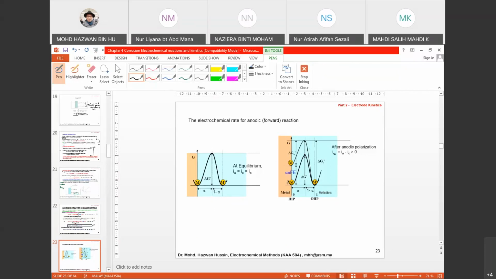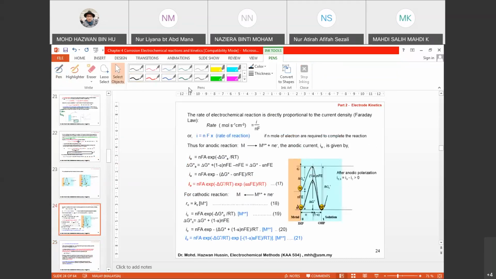If you consider anodic polarization, you will notice that the delta G asterisk is greater because it is no longer the same; an equal amount of current is not being produced. So at the anode side, the conversion from reactant to the transition state will be higher. You need more energy to overcome it.